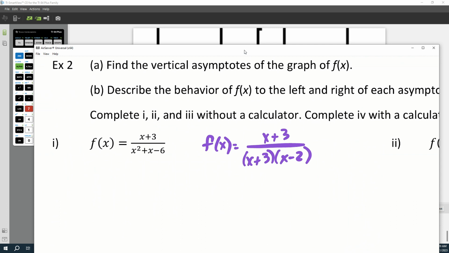All right, and then the x plus 3's do need to cancel out. So where is your vertical asymptote going to be? 2. Yes.